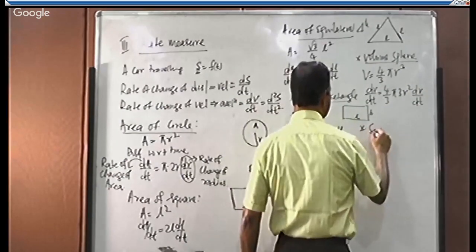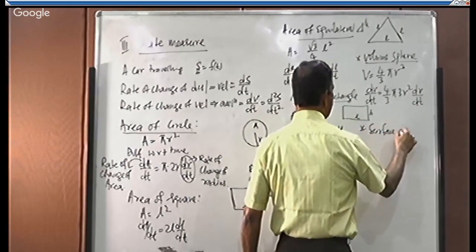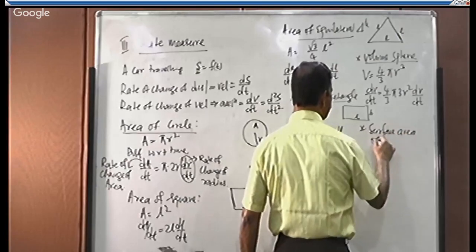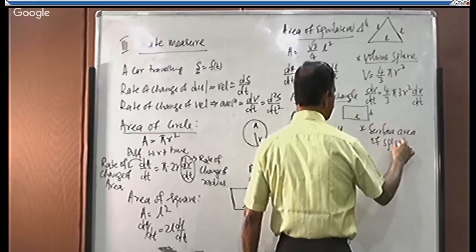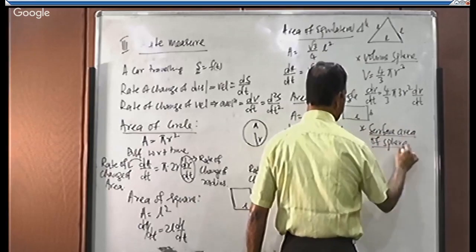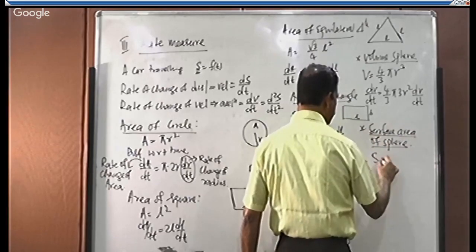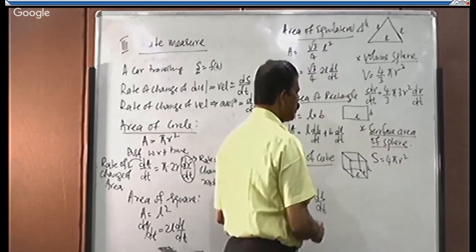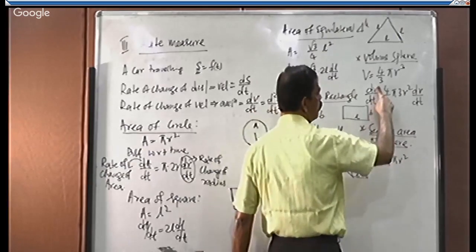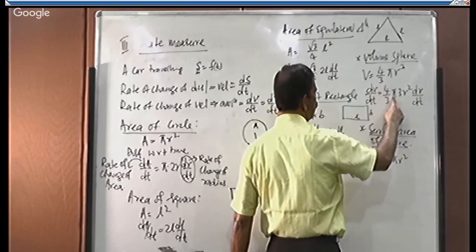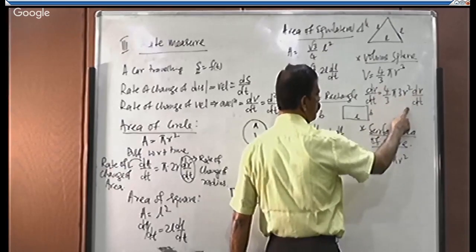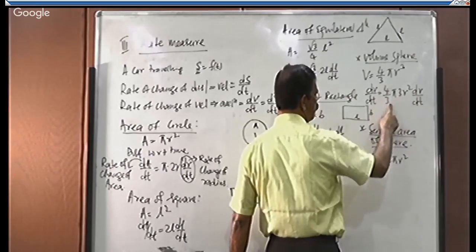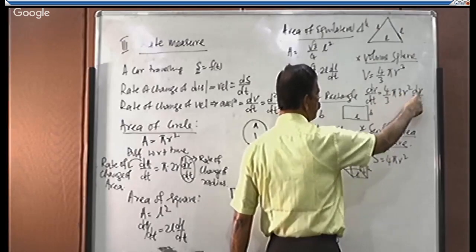Next, surface area of sphere. S is equal to 4 pi r square. So it is remembered. See, after differentiating volume, 4 by 3 pi into 3r square dr by dt. After cancelling 3, what is remaining? 4 pi r square into dr by dt.